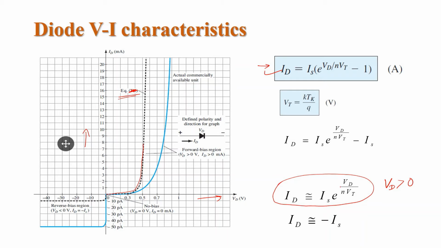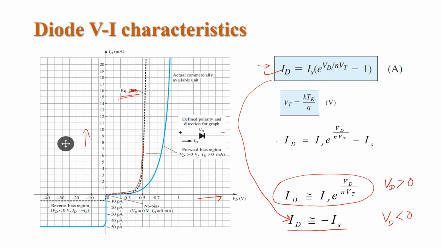And when Vd is less than 0, this diode equation can be approximated to this approximation of diode current, where ID is approximately equal to minus the reverse saturation current.